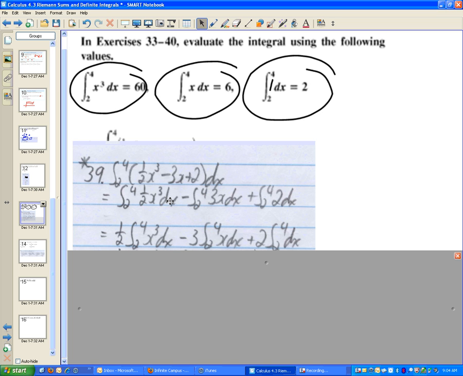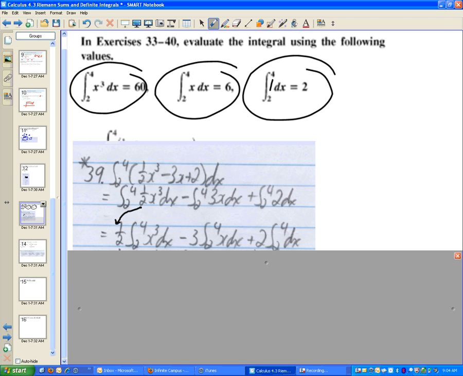Now, let's work on evaluating these three separate integrals. The 1/2 x cubed dx. I can factor the constant out and set it in front. That's handy, isn't it? Because I'm told what the integral from 2 to 4 of x cubed dx is. So next step, I can plug a 60 in for that. Do the same kind of thing in the middle term there.